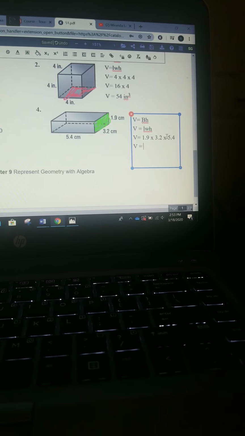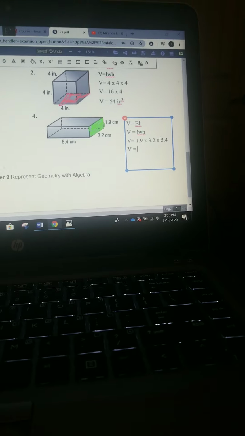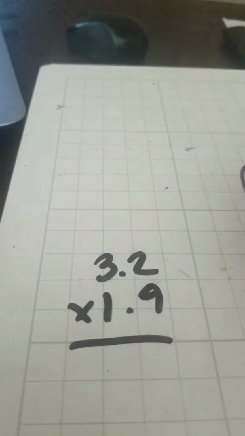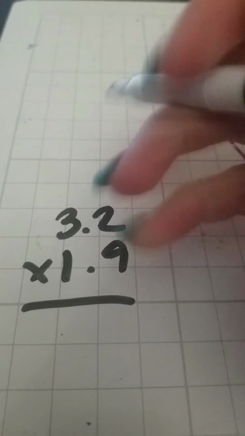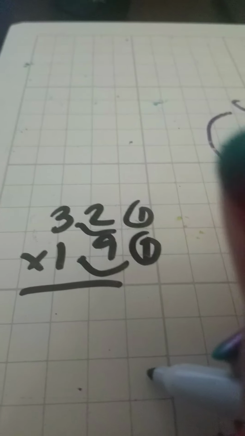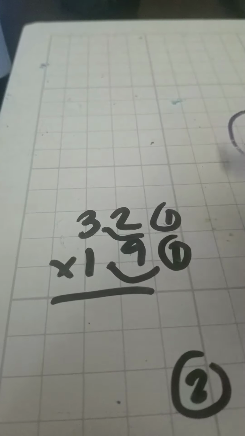All right, so now we're going to do 1.9 times 3.2. Remember, when you're multiplying by decimals, you have to take those decimal places out first and put them back in at the end. So in this instance, this problem has 2 decimal places. So my answer has to have 2 decimal places.